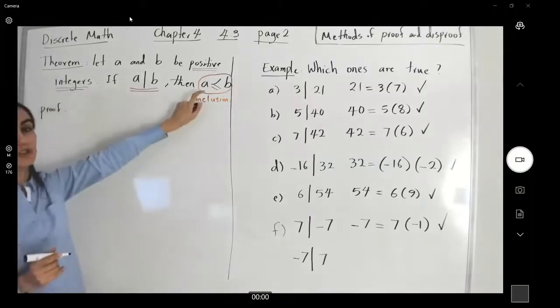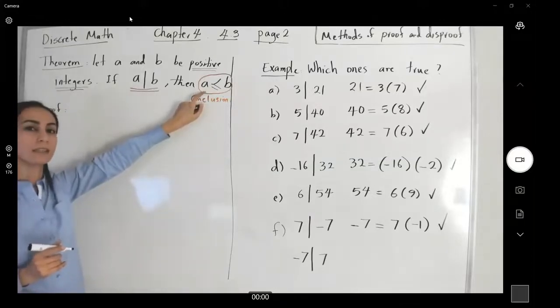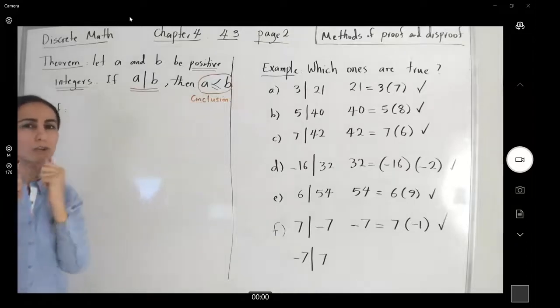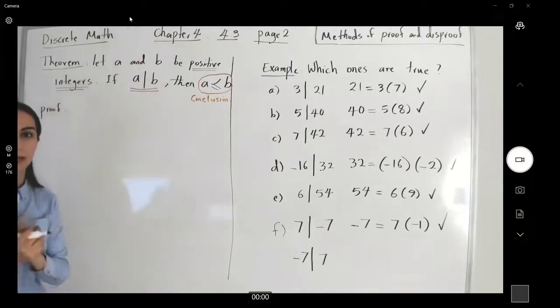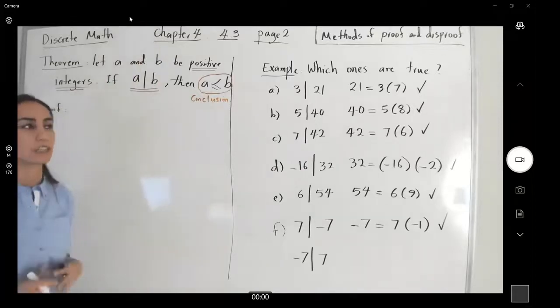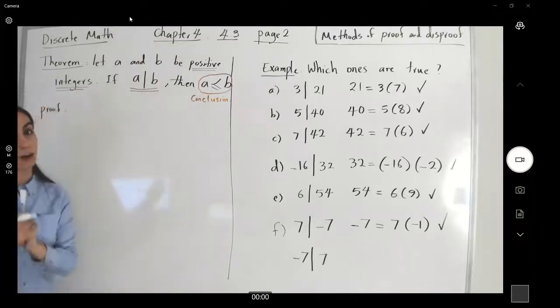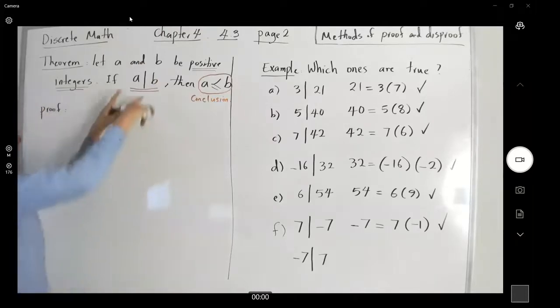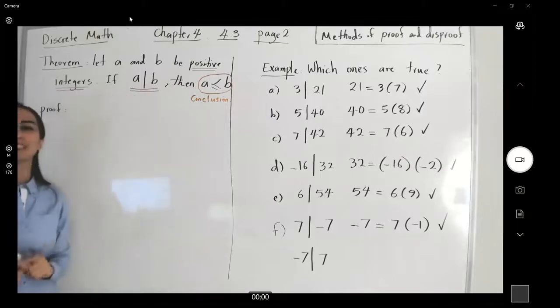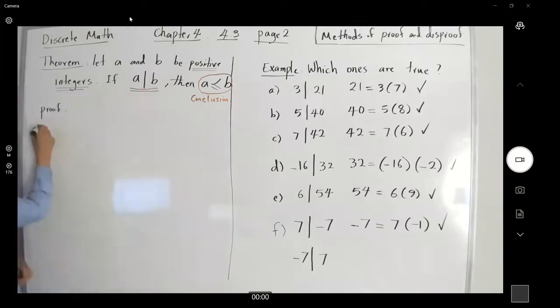Our goal is to show that A is less than or equal to B. What are we going to do? We're going to use all the assumptions that we have, combine them together, and get to this conclusion. Very well. I'm going to start by using the divisibility.